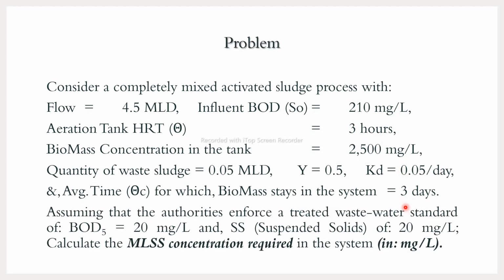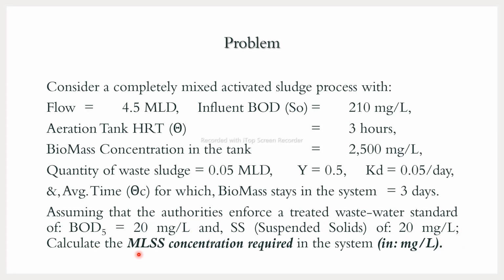Then the problem statement is, assuming that the authorities enforce a treated wastewater standard of BOD 5 equal to 20 milligram per liter, that is, you have to decrease the BOD from 210 milligram per liter to 20 milligram per liter. This is the difference, 210 to 20. And SS, suspended solids content of 20 milligram per liter.